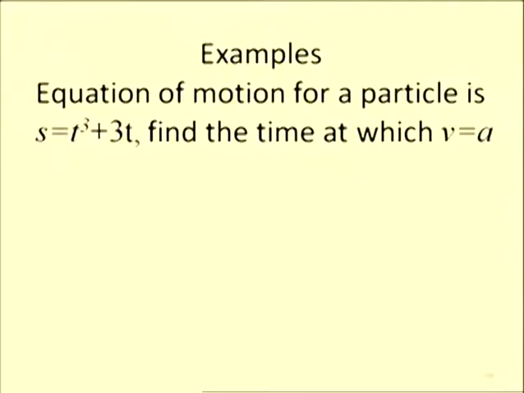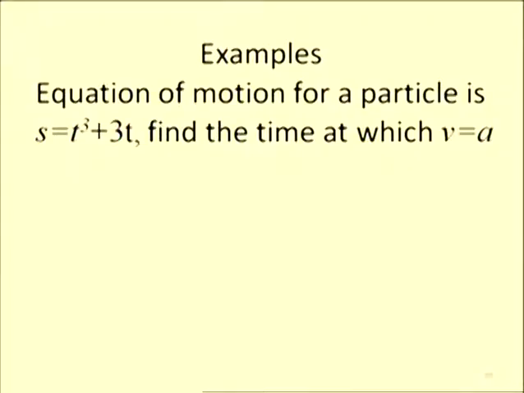Here we are given an equation of motion of a particle, that is s is equal to t cube plus 3t. We are interested to find at what time velocity and acceleration become equal.